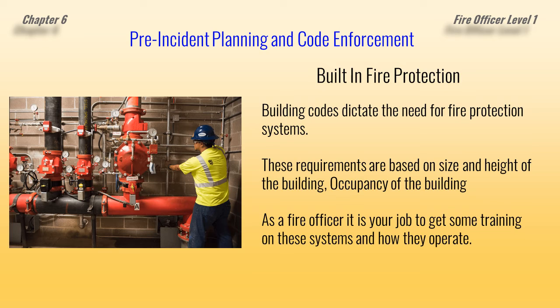As a fire officer, it's your job to get some training on these systems and how they operate. So again, if you have a building with a sprinkler system or multiple sprinkler systems, try to get in there, do a walkthrough, try to see the areas that they cover, things like that. Educate yourself on the use of sprinkler systems and fire alarm systems.